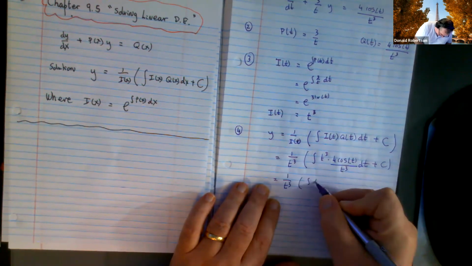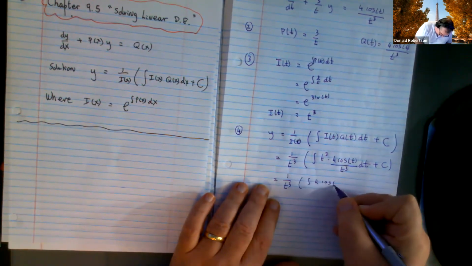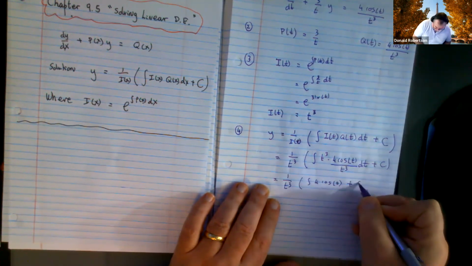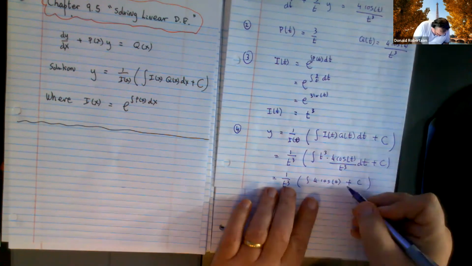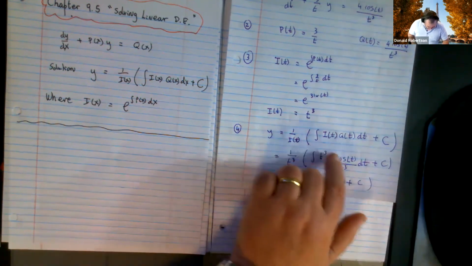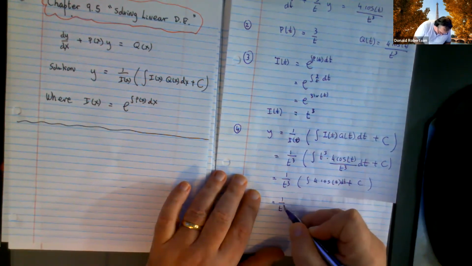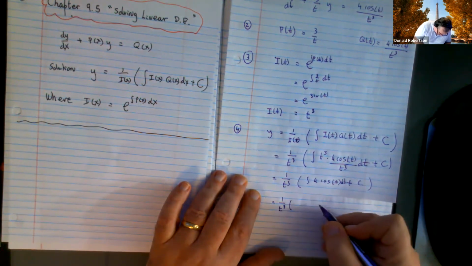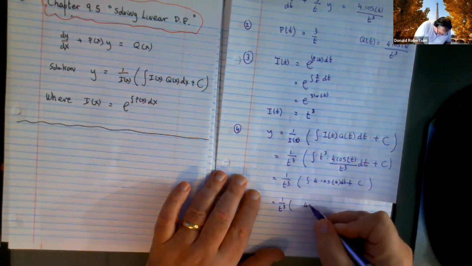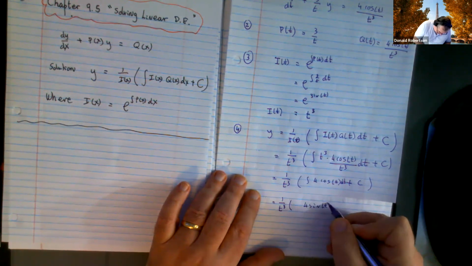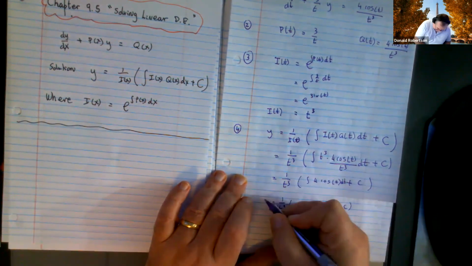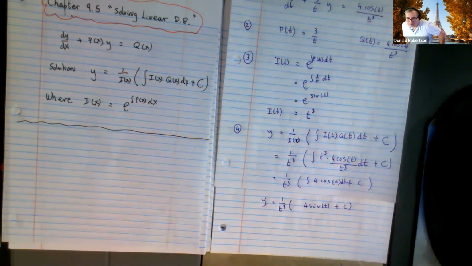Oh, isn't that pretty? The t cubes cancel, and I'm just doing a cosine. So I have 1 over t cubed, 4 sine t plus c. And that would be the general solution if that's all they wanted.